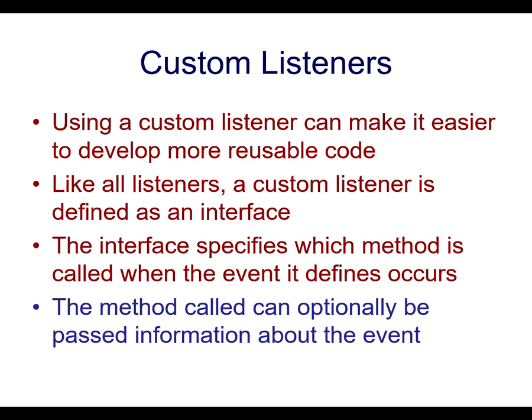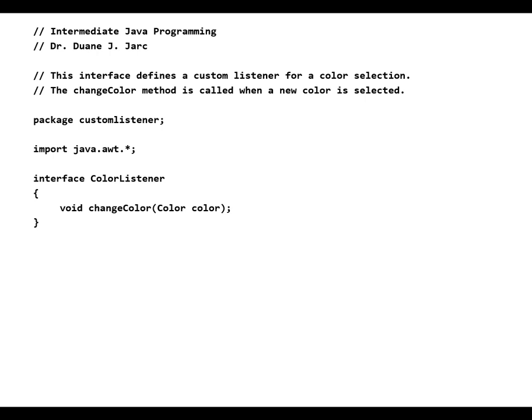The method called can optionally be passed information about the event, just as is done with the predefined listener interfaces that typically have a parameter that contains information about the event. Here is the definition of the custom listener interface, color listener. It contains only one method signature, change color, which makes it a functional interface.